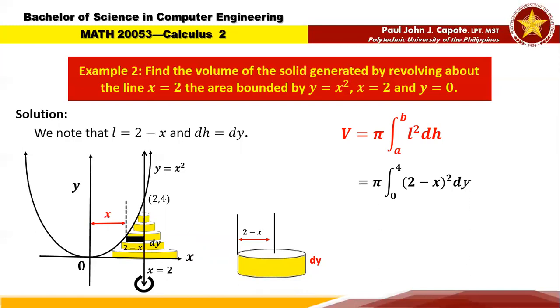To do that, we will use the function y equals x squared. If we express this function in x in terms of y, we get x equals square root of y. And so we have pi times the definite integral of the quantity 2 minus the square root of y, squared, dy from 0 to 4.